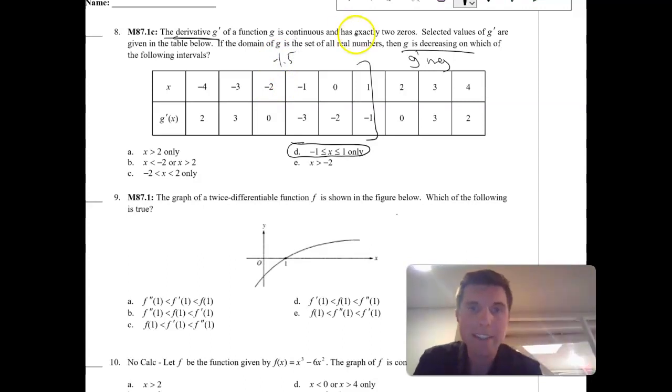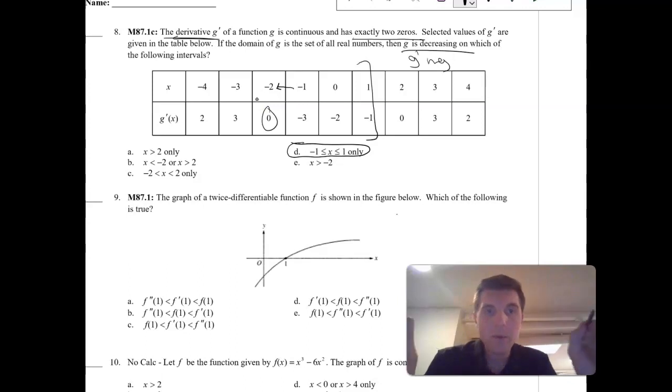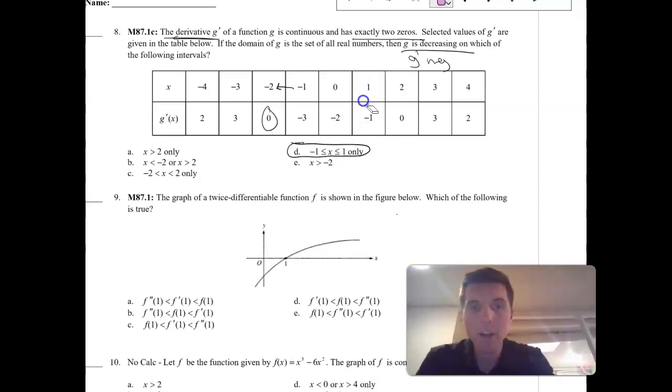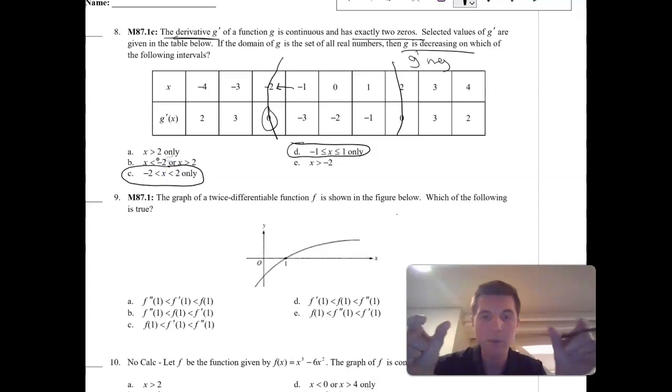We're given that it has exactly 2 zeros here, so I know it's still going to be negative all the way up until I get exactly to -2. And then at -2 it becomes 0. So we actually need to include a larger chunk, an open interval from -2 to 2, to account for all of those decimal values between the two.